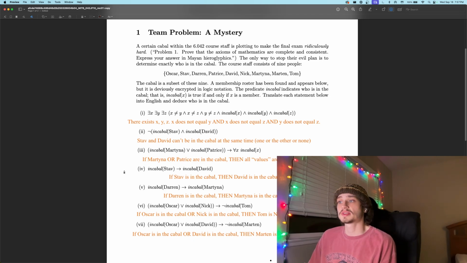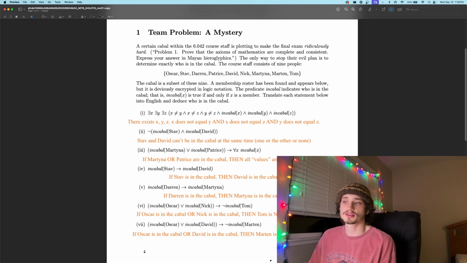Number 4 specifies that if Stav is in the cabal, then David is also in the cabal. Number 5 specifies if Darren is in the cabal, then Martina is in the cabal. Number 6 specifies if Oscar is in the cabal or Nick is in the cabal, then Tom is not in the cabal via that symbol out front. And lastly, number 7 says that if Oscar is in the cabal or David is in the cabal, then Martin is not in the cabal.